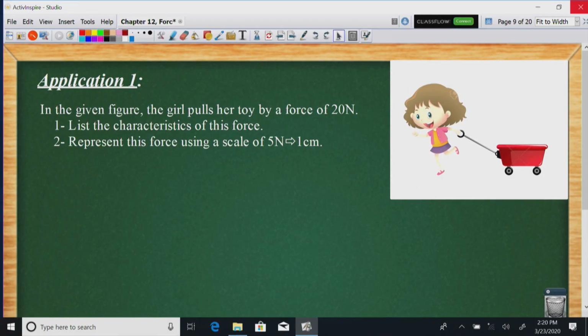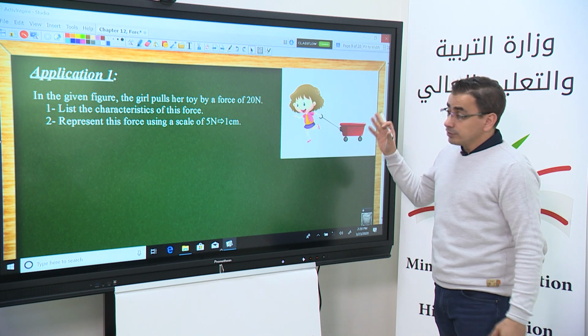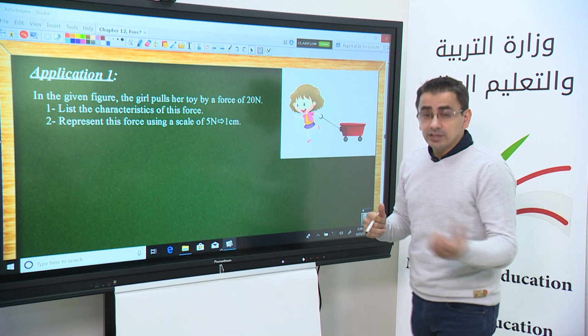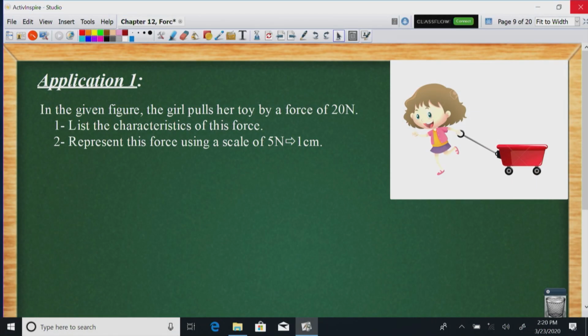So let's start solving this. List the characteristics of this force. So the girl is pulling the toy by a certain force of 20. What are the characteristics of a force? So we know that a force has a point of, first I'm going to name it F, force F. First characteristic is the point of application.